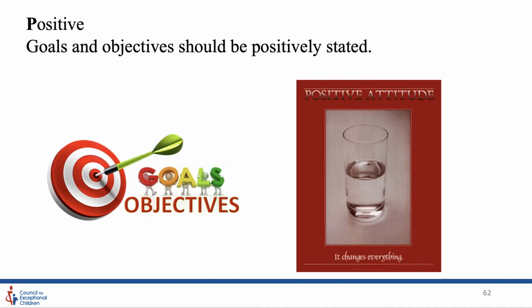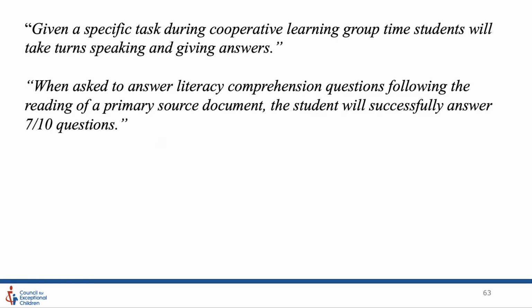The P in accomplish stands for positive. We want to make sure the goals that we're writing are written in such a way that they reflect the positive outcome, not that the student will only make 3 errors or something like that. No, the student is going to have success, and the student will successfully answer 7 out of 10 questions.